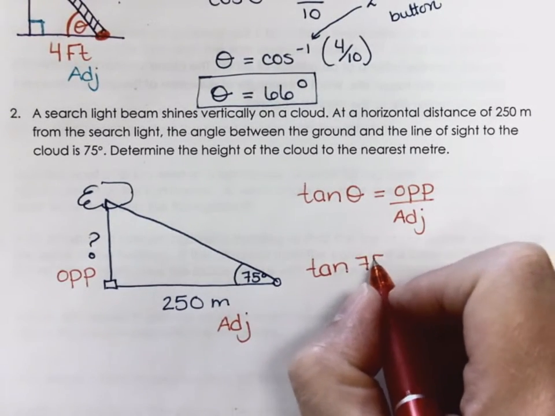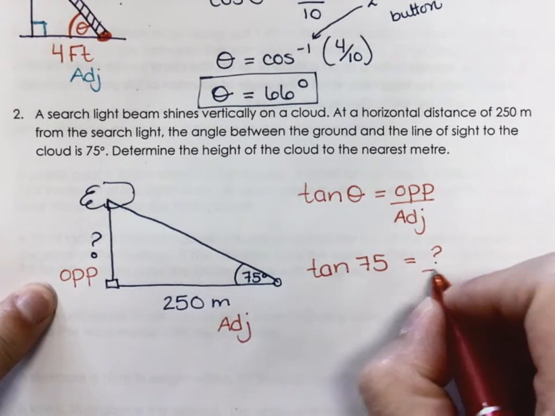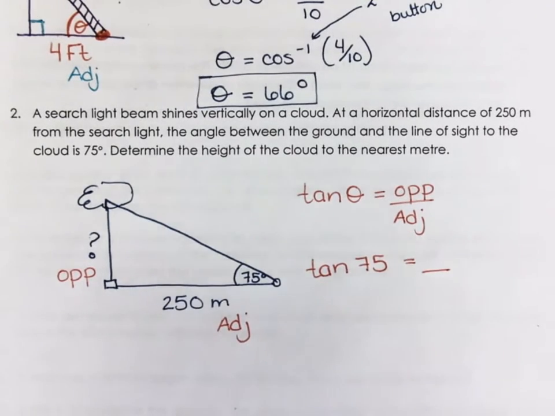Tan of the angle, which was 75, is equal to the opposite side, which I don't know. Maybe I'll give it a letter. Am I going to use O? No. The only reason is because it looks like a 0, and that can get a little bit confusing.